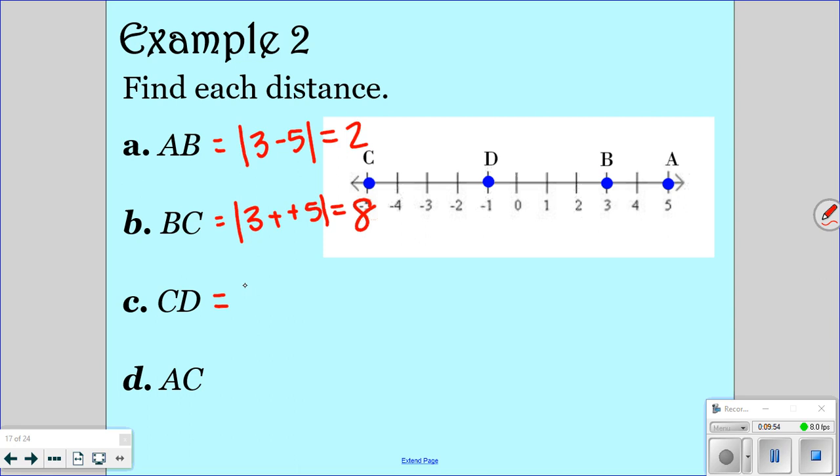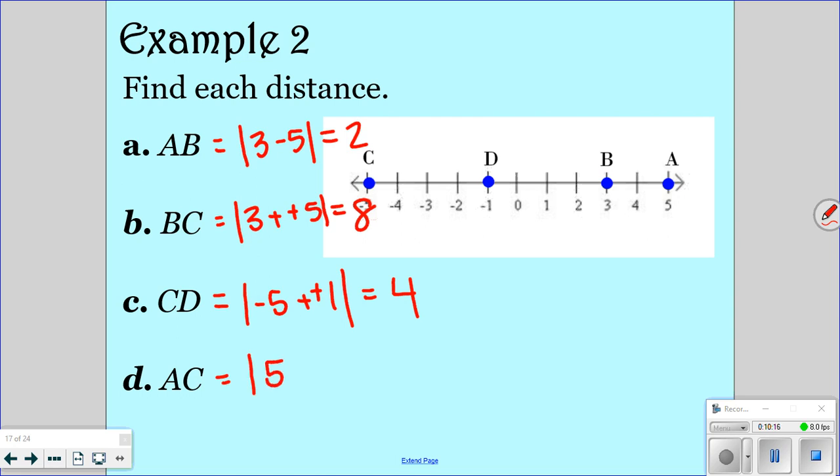If you're going from C to D, we could do -5 and then minus a -1. So again, that turns to a positive. And so the distance between C and D is 4. And then going from A to C, or we can do A first.